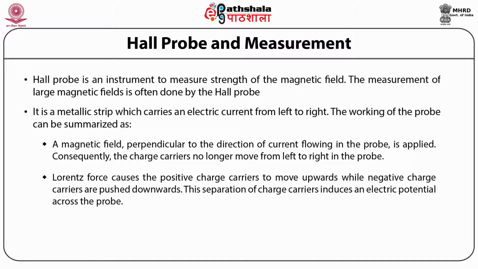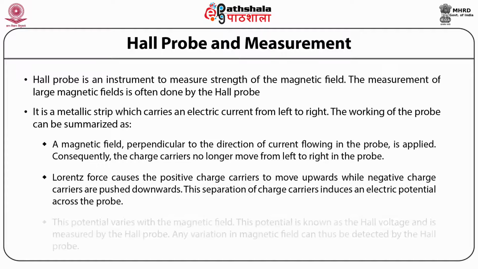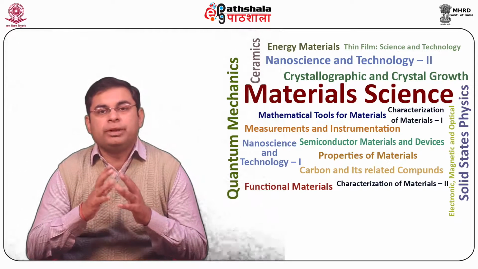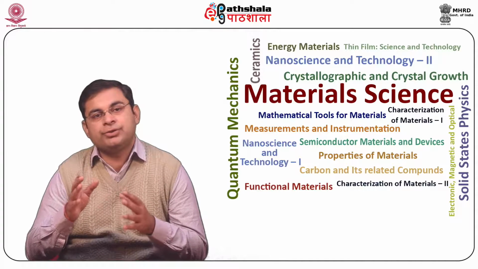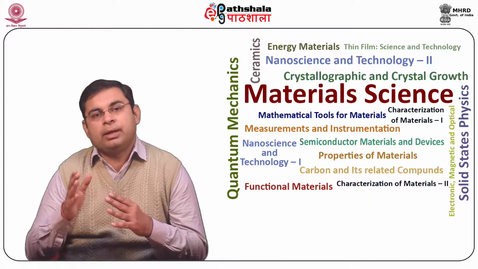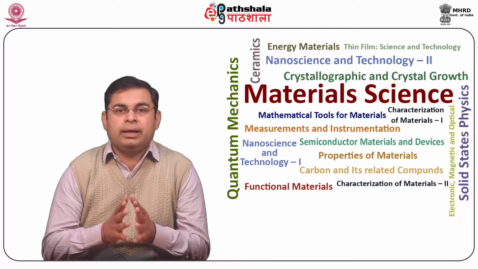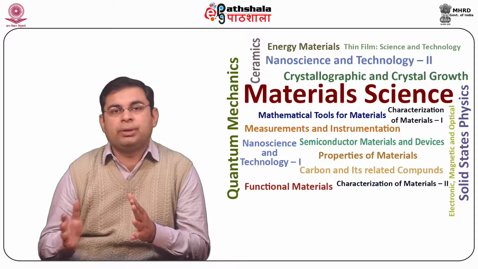This separation of charge carriers induces an electric potential across the probe. And finally, third, this potential varies with the magnetic field. This potential is known as the Hall voltage and is measured by the Hall probe. Any variation in the magnetic field can thus be detected by the Hall probe. The Hall probe includes a compound semiconducting crystal like indium antimonide supported by an aluminium backing plate and encapsulated inside the probe head.